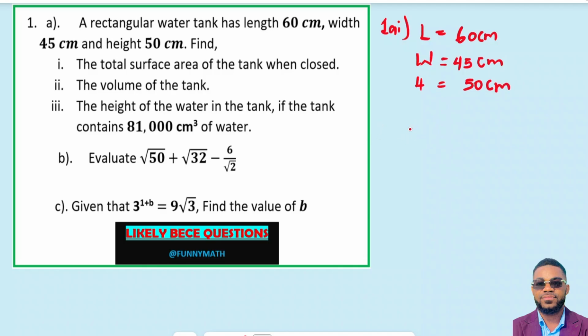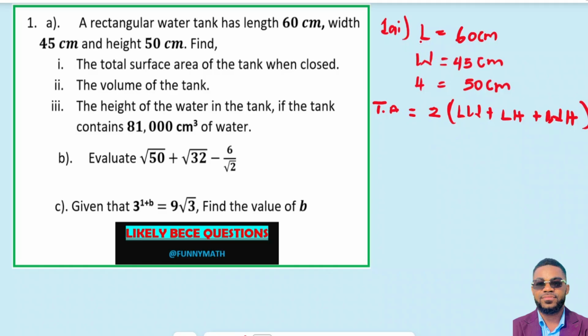Now, how do you find the total surface area of a closed cuboid, or in this case, a rectangular tank? So this is the formula that we're going to use. I'm using TA for the total surface area. And the formula is 2 into bracket L times W plus L times H plus W times H. That's a simple formula.